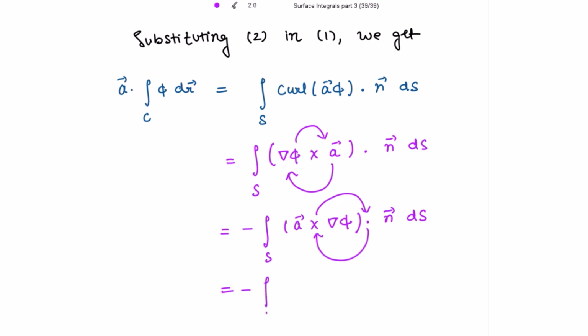So this is the surface integral of A vector dot product with grad phi cross product n vector ds, taking this in bracket. And because this is your constant vector, I can take this outside of this integration. So this is equal to negative of A vector dot product with this surface integral of grad phi cross product n vector ds.